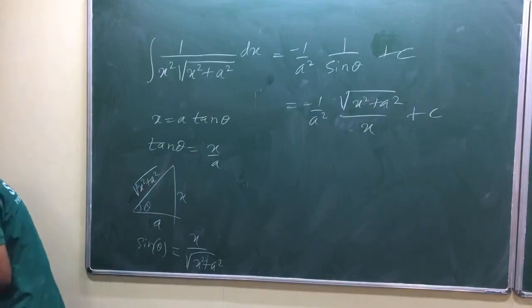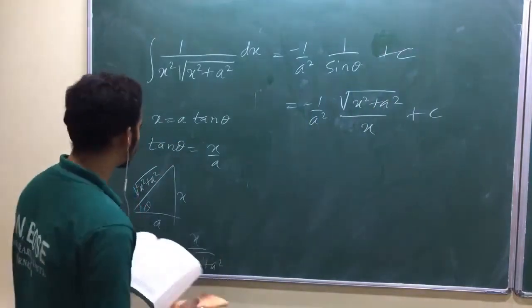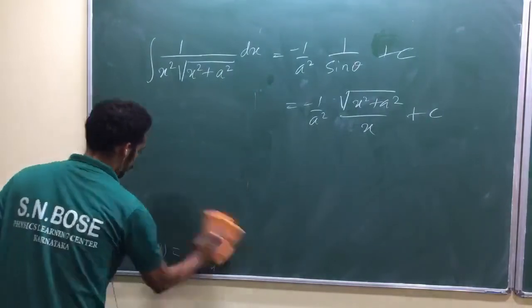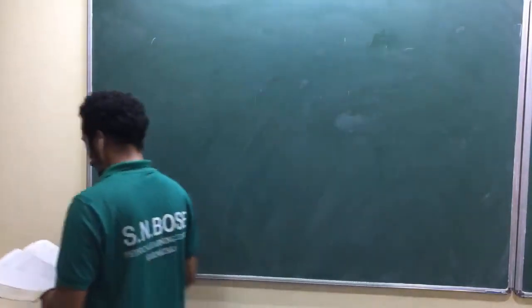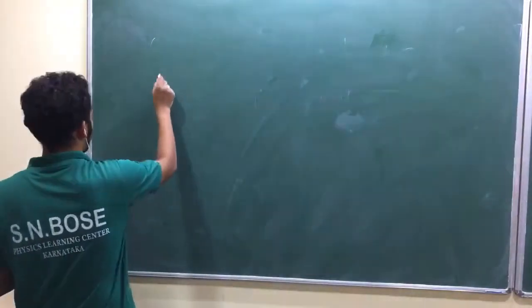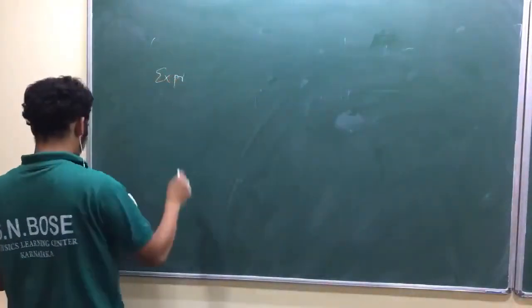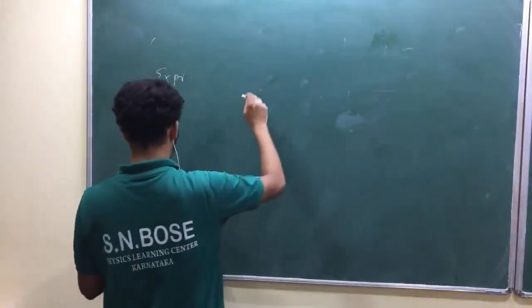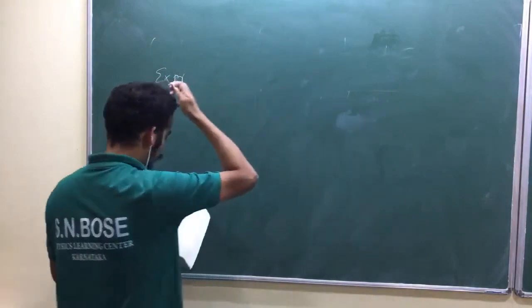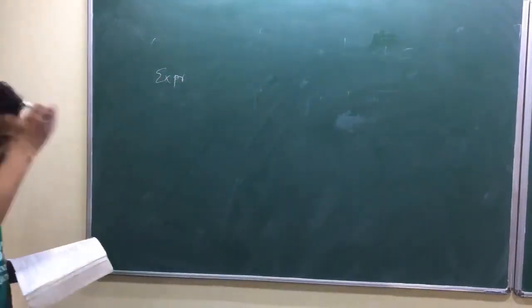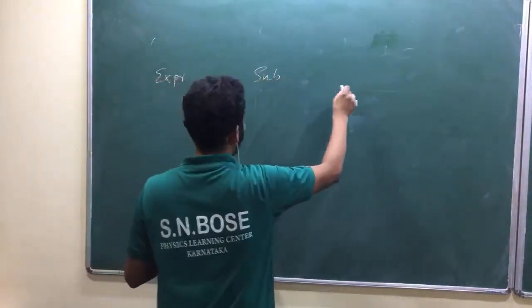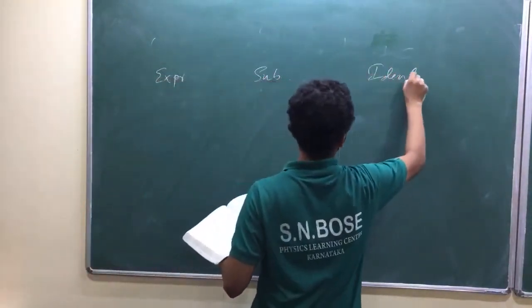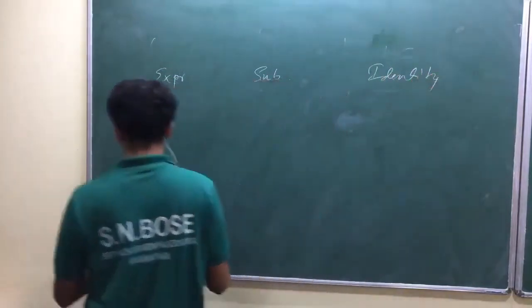Now I'll give some expressions and standard substitutions. If you have this kind of expression, this kind of substitution can be used. While doing the substitution, again, the range also matters. Let me write it down: expression, substitution, identity that may be required.